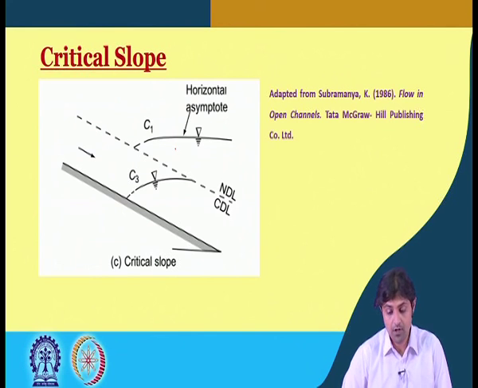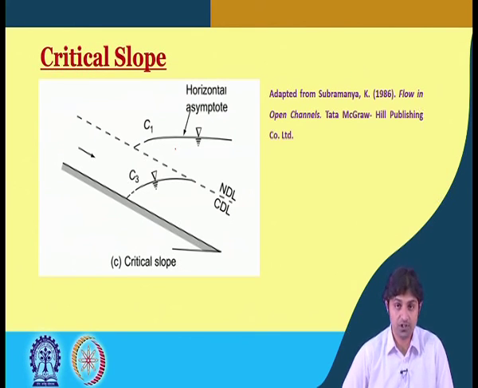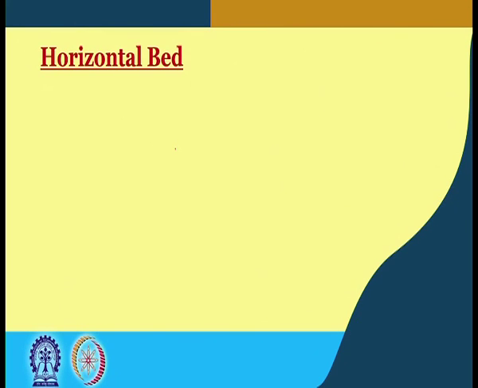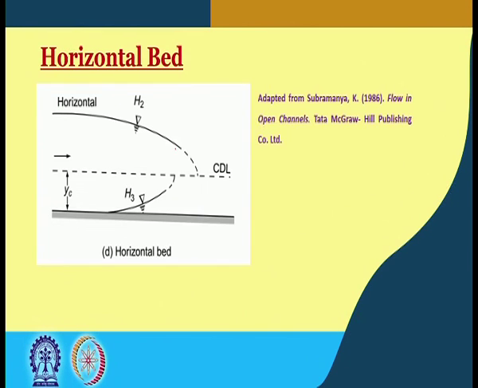There is much more detail to it, but at undergraduate level only what I am teaching is required: the identification of the regions, what is mild slope, what is adverse slope, what is horizontal bed. The horizontal bed is like this: this area is H2 and this area is H3.